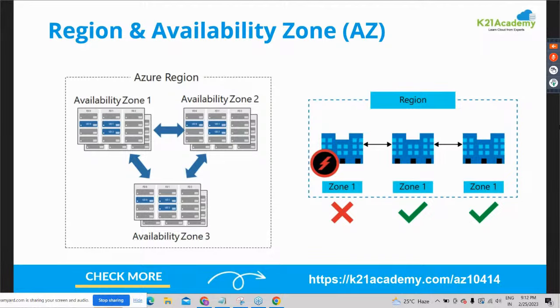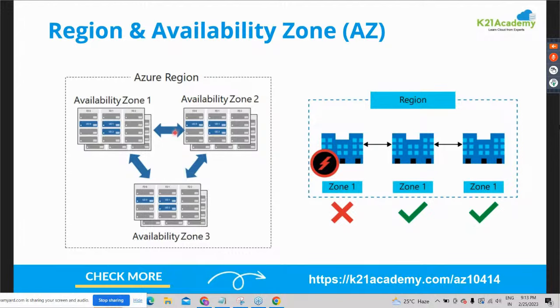An availability zone is a physically separate location within an Azure region, used with availability sets to provide additional fault tolerance. Each availability zone is an isolation boundary containing one or more data centers equipped with independent power, cooling, and networking.